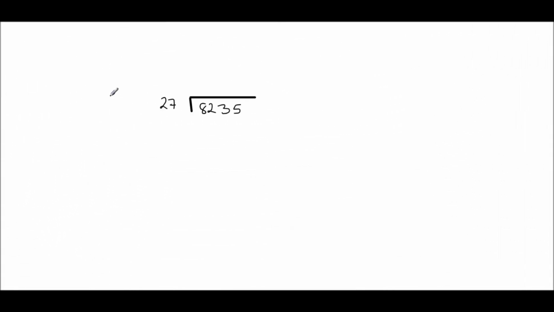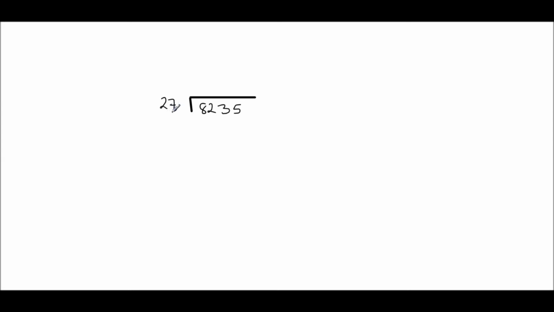Number 9 says, what is 8,235 divided by 27? So we're going to estimate. Let us call this 30. Let's call this 80. How many times could 30 go into 80? We're rounding off to the nearest 10.